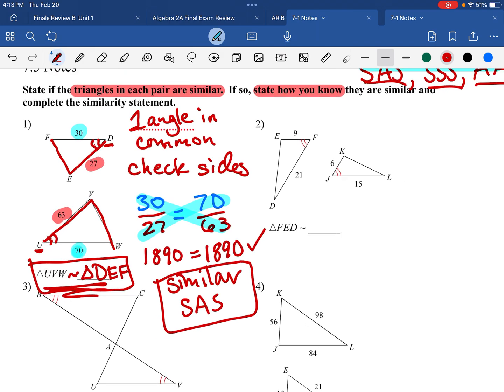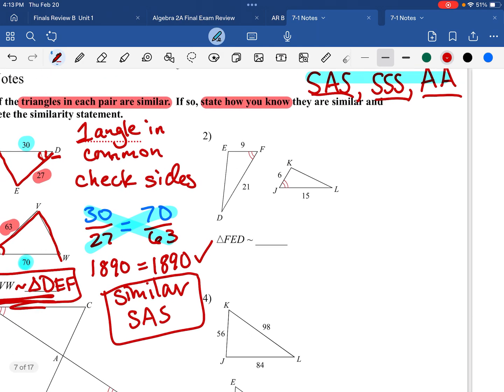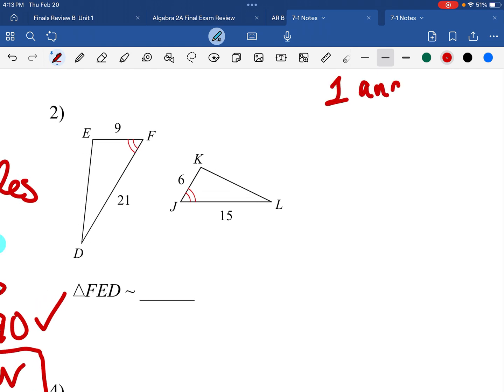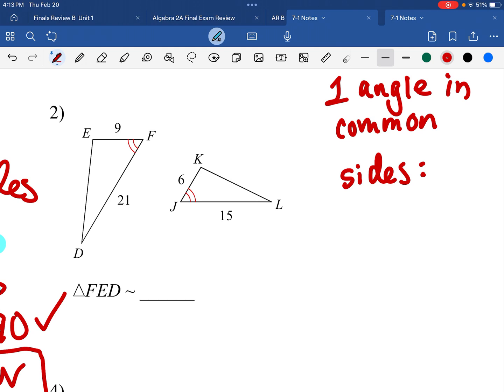Okay. Now, looking at number 2. First thing we want to do, we do have an angle in common. Now we're going to check the sides. So let's put 9 over 21, is that going to be equal to 6 over 15?